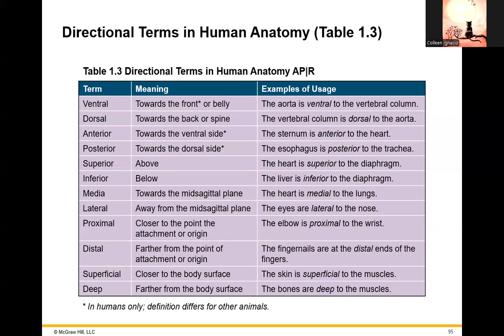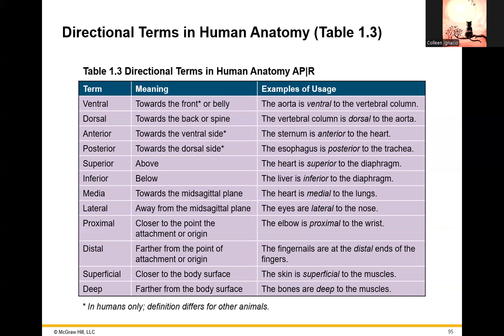All right, so this was an important slide because it has terminology that you must be familiar with. Ventral, which is pretty much the same as anterior, which is towards the ventral side or the front, and dorsal means towards the back, as does posterior.